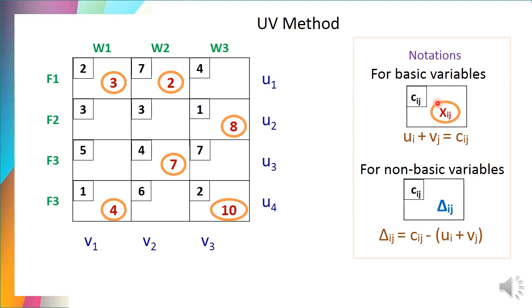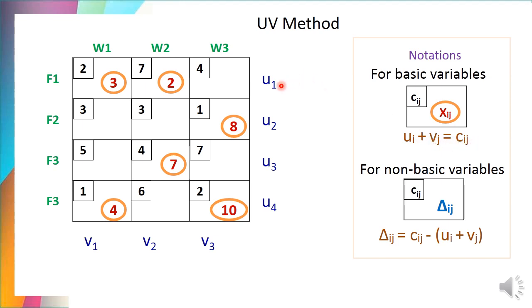Cij is given in the corner and xij value is given with the circled one. For basic variables, using the basic variables values, we are supposed to find out the u as well as v values. U and v, the relation with the c is ui plus vj is equal to cij.